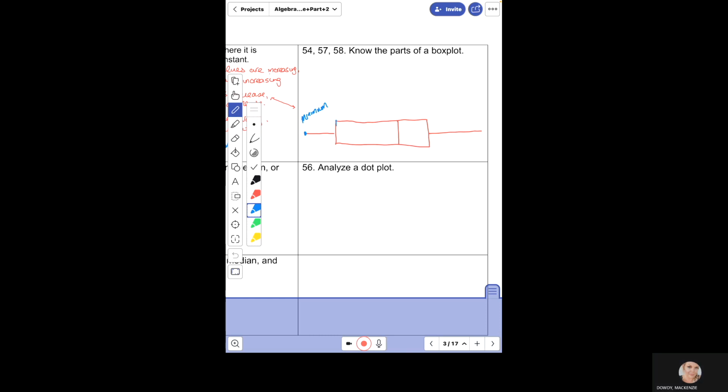Here is our first quartile. Line here is our median. This line here is our third quartile. And this one here is our maximum.